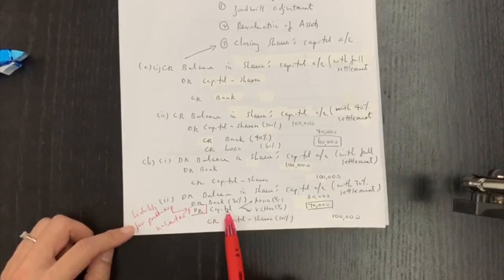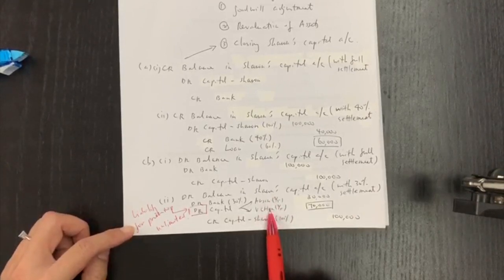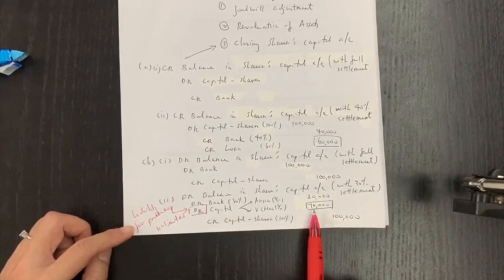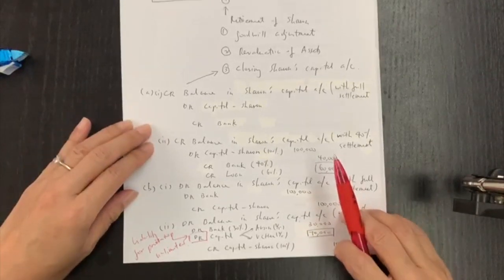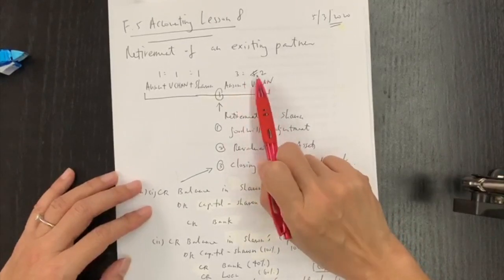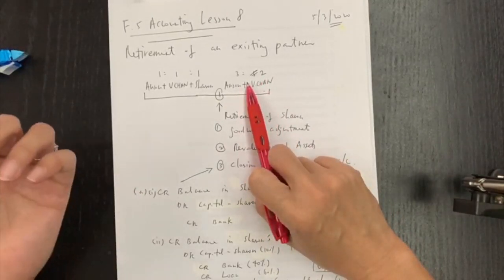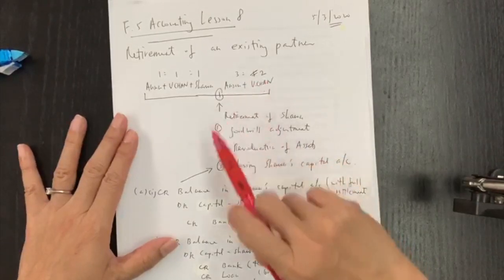So the remaining partners, Anson and V Chan, have to share the bad thing, the insufficiency of Sharon's capital account. All right, so this is it. One more thing: the ratio here is wrong, because I just wanted to follow the original story, so you just change that to 3-2, for example.